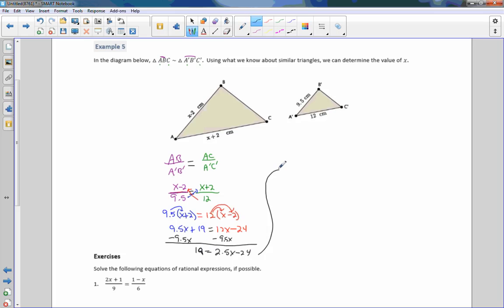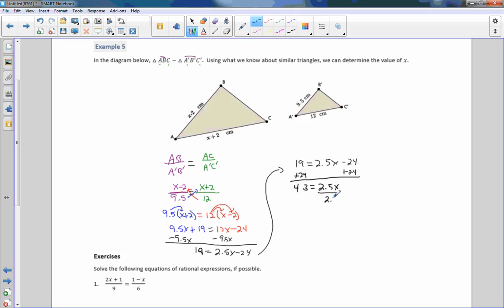I'm going to continue this up here. So if I have 19 equals 2.5x minus 24, I'm just going to rewrite this because I ran out of room. I'm going to add 24 to both sides. And when I do that, I get 9 plus 4 is 13, and 2 plus 1 is 4, equals 2.5x.